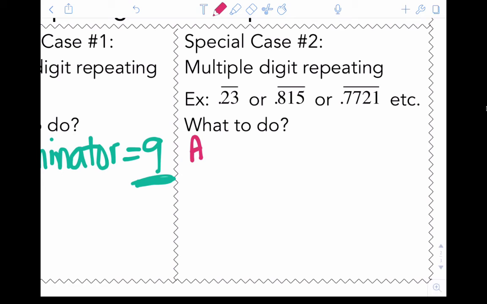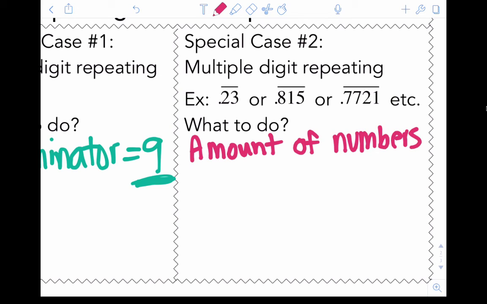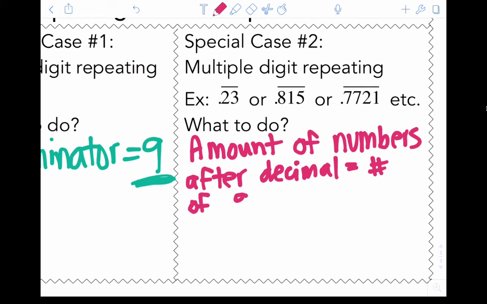So the amount of numbers after the decimal is equal to the number of nines in the denominator.